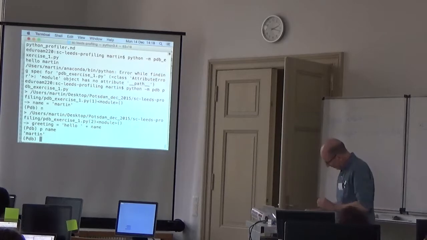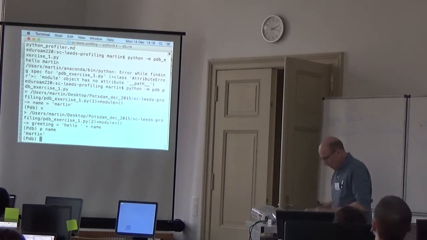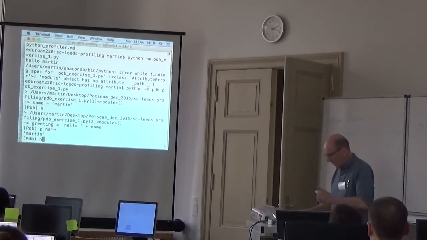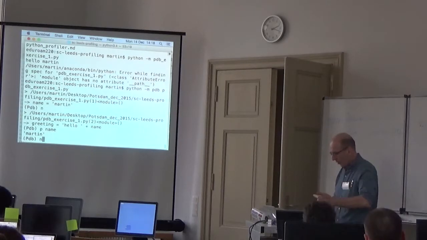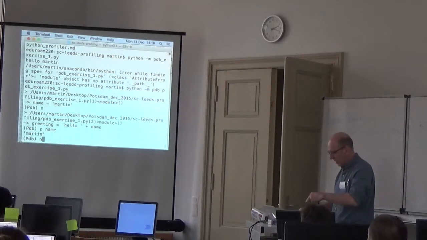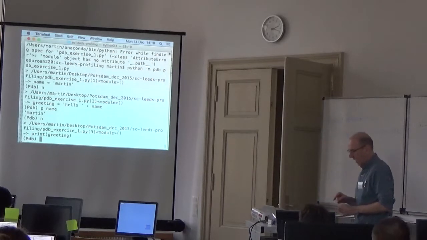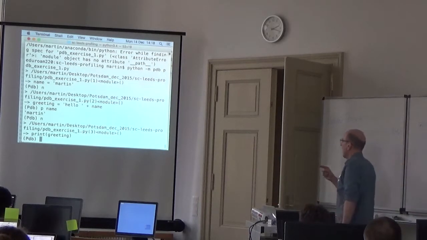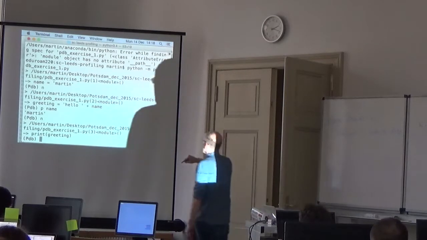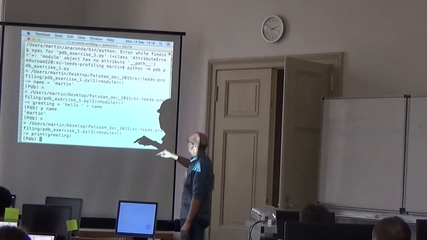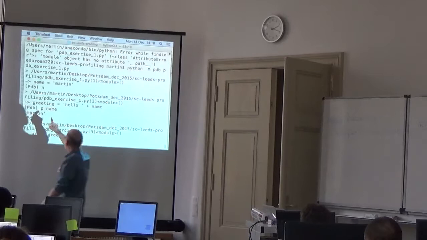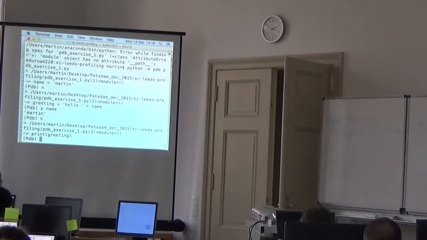So we can hit N again. N takes us to the next line. So remember, we should be executing the greeting equals hello plus name line. And that should have assigned greeting a value. So inspect the value of greeting then.